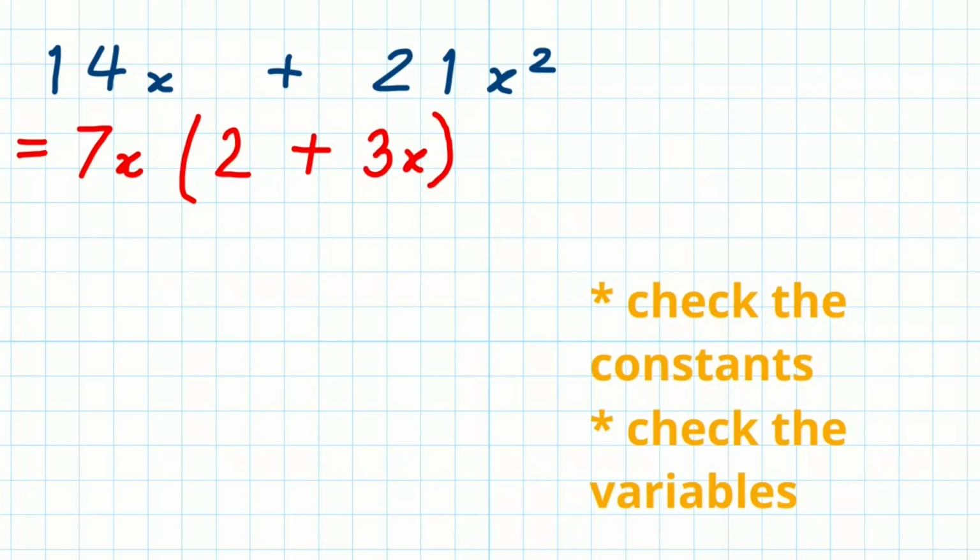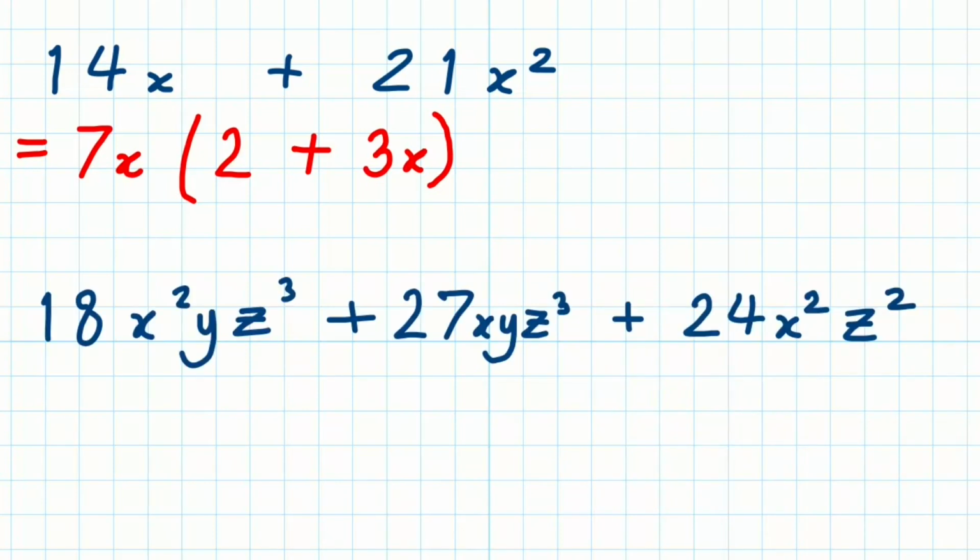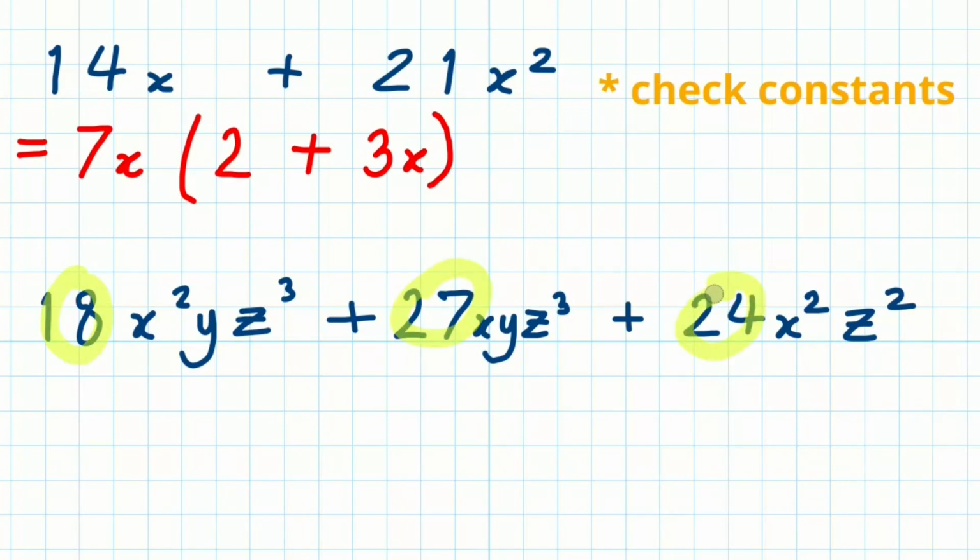It is possible that we may have not just a constant and one variable, but several variables in our common factor. So work through the constant and each variable in turn. So looking at the 18, 27 and 24, it may look like there's a common factor of 9 between the 18 and 27. However, 24 does not divide by 9.